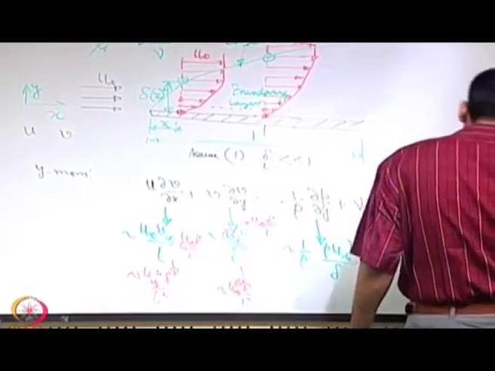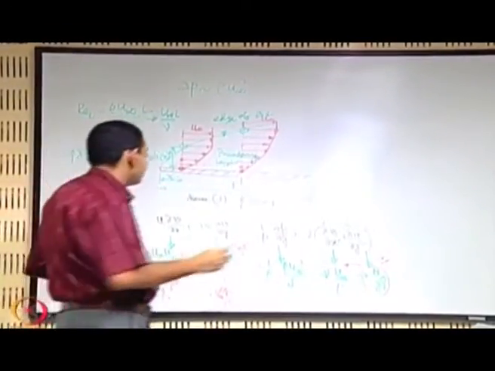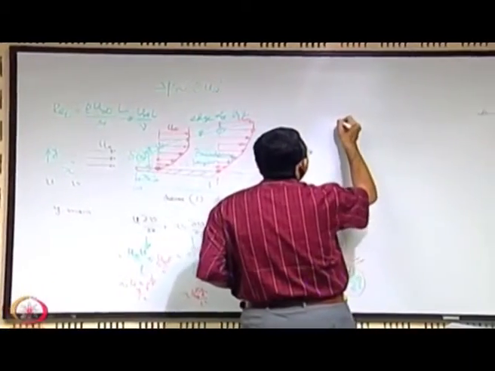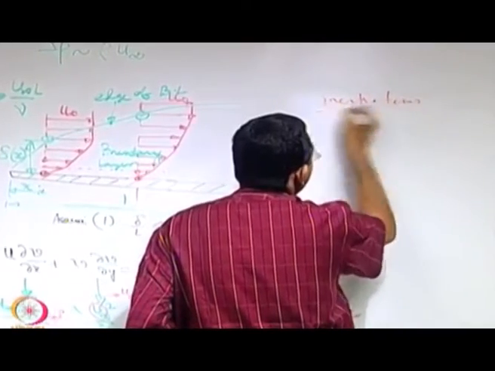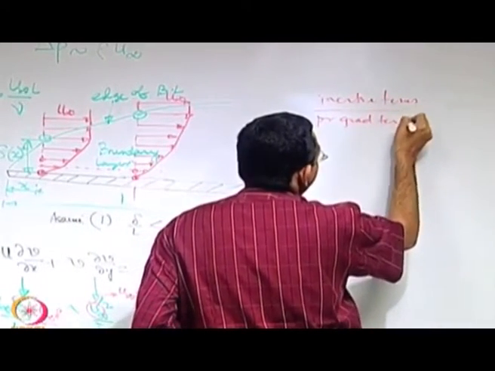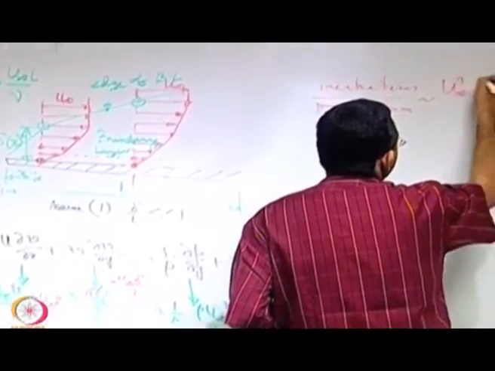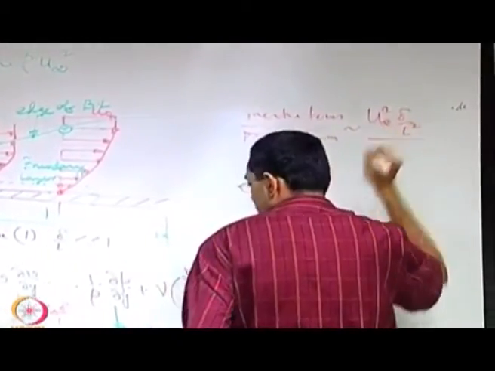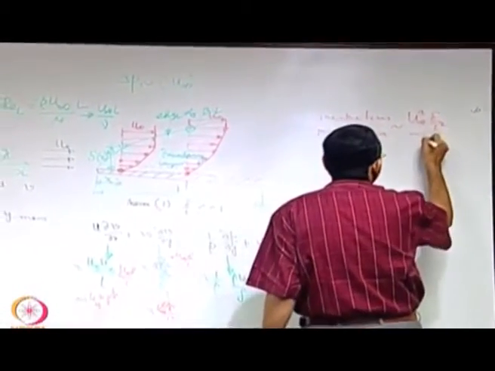Keeping that in mind, let us write the ratio of the inertia terms and the pressure gradient term. The inertia term is of the order of u infinity square delta by L square, and the pressure gradient term is of the order of u infinity square by delta.